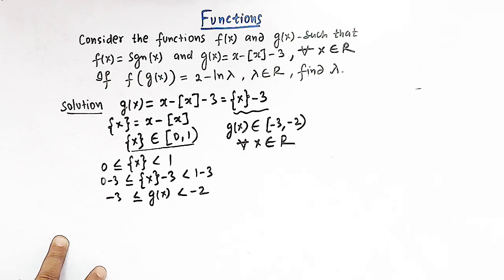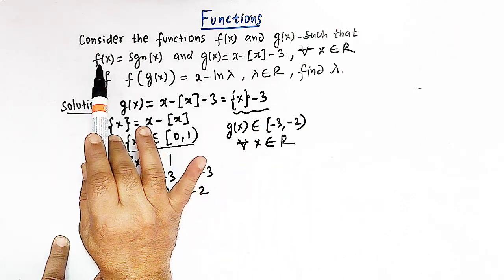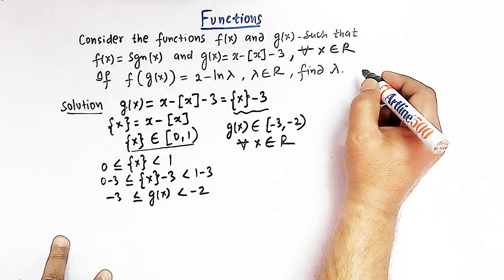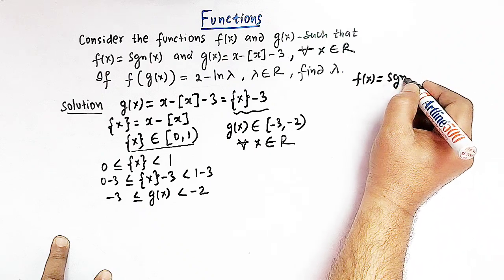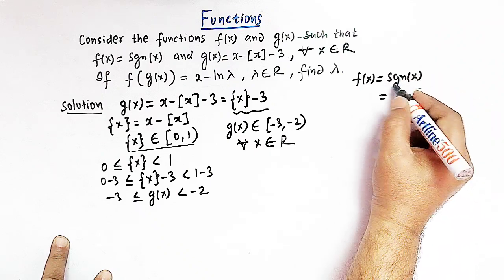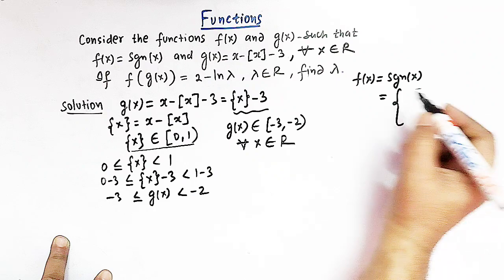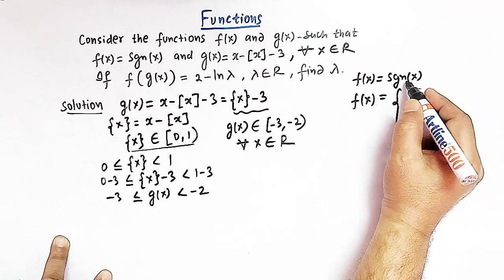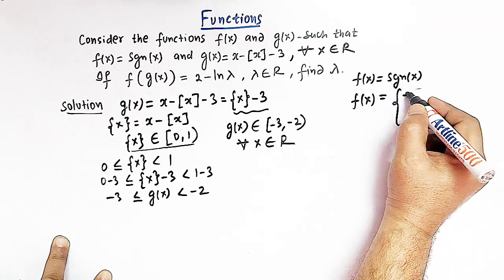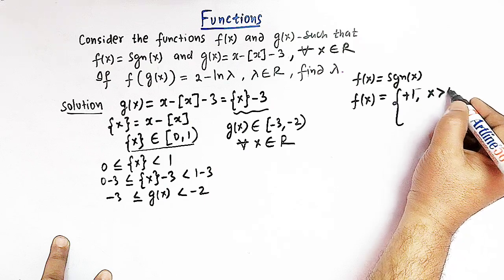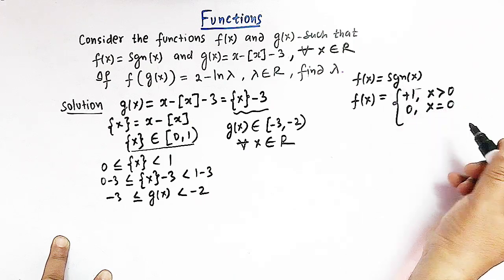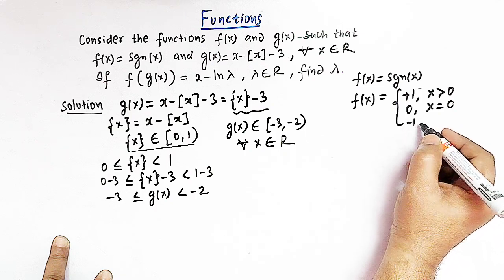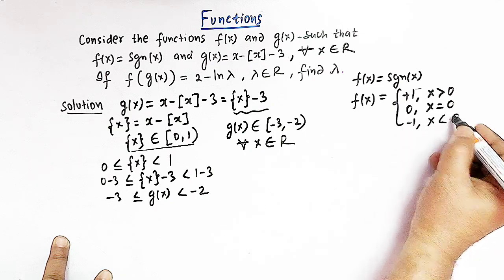Now let us see the function f of x, which is given as a signum function. We define the signum function like this: signum of x is equal to plus 1 whenever x is greater than 0, signum of x is 0 when x is 0, and signum of x is minus 1 when x is less than 0.